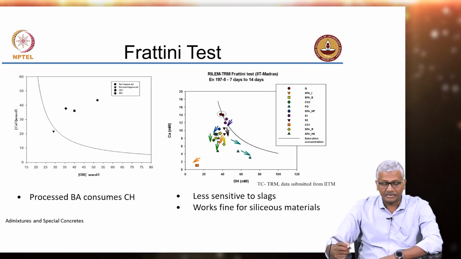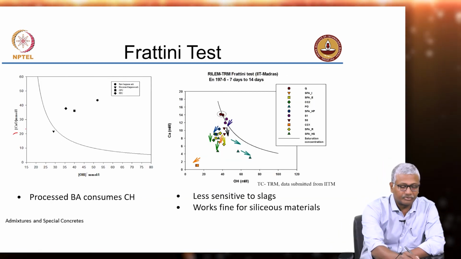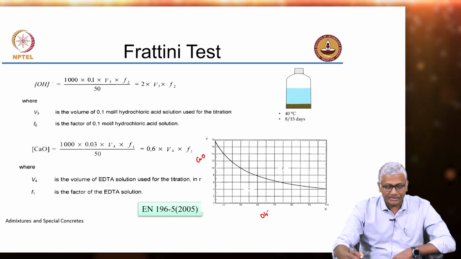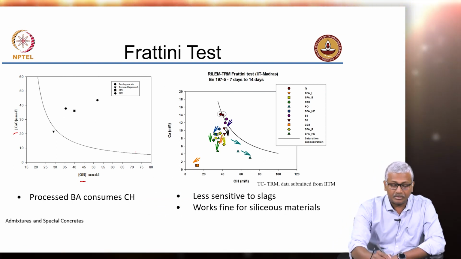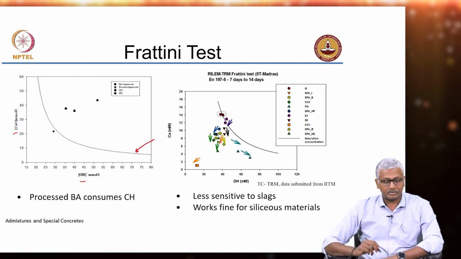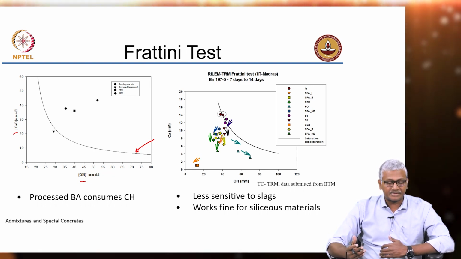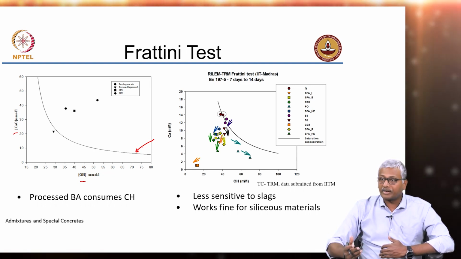I will show you the graph in the next slide. So, again, calcium oxide versus hydroxyl ion concentration. This is actually the curve above which we can indicate that the sample is essentially non-reactive.